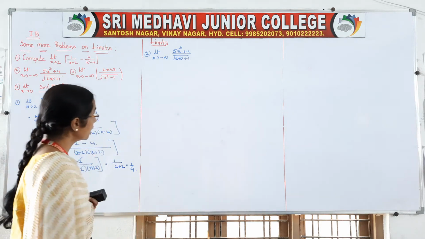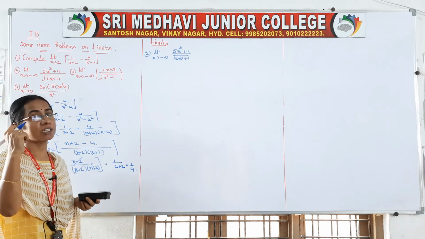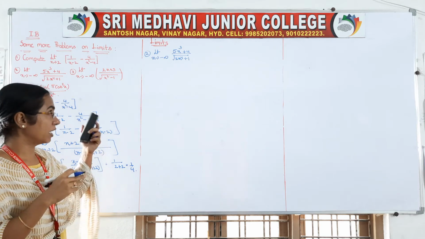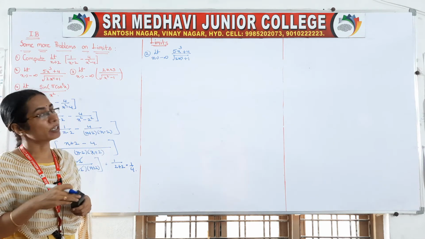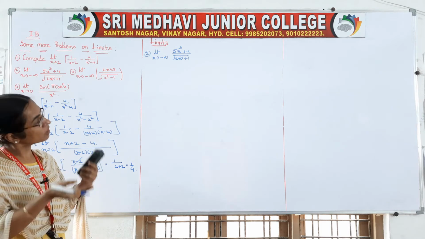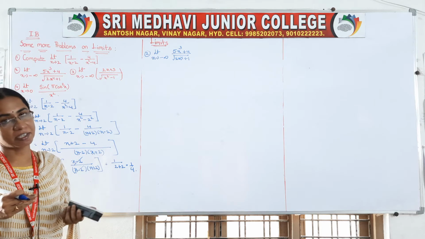So whenever an infinity problem is there, what I said, we have to see the higher power term. With that term, we have to divide numerator and denominator. But the second value, that means in the denominator, values are in terms of square root. First take them outside, then we will decide which term is the higher term.